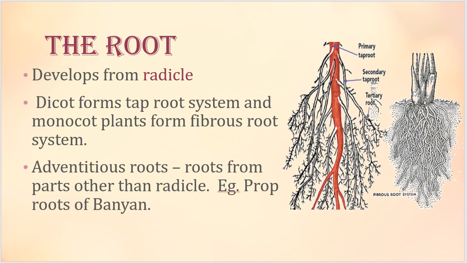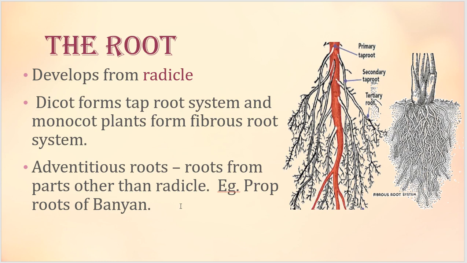And that bunch or clump of roots which are produced from the base of the stem are known as fibrous root system. So in monocots, we can see fibrous root system. What is the reason? The first reason, radicle is short-lived in monocot. A bunch of fibrous roots are produced in monocot plants.